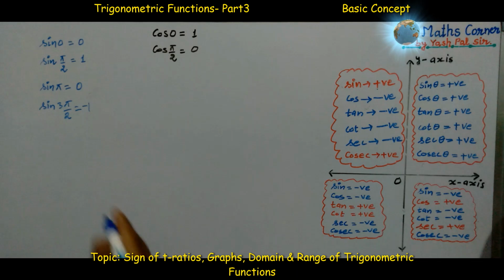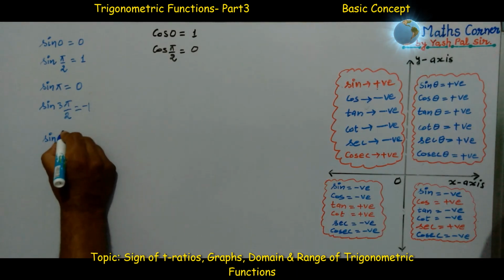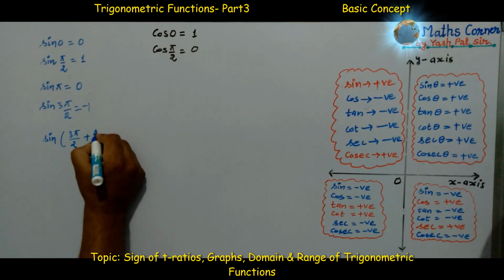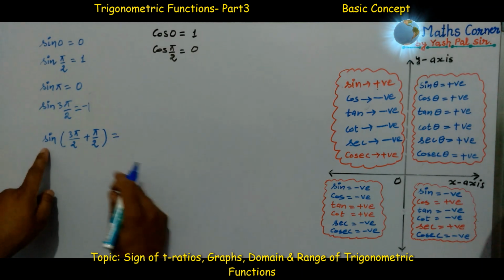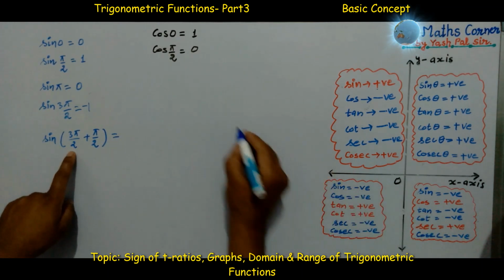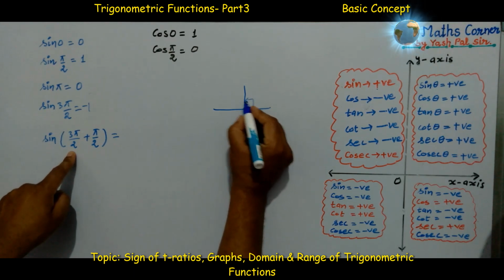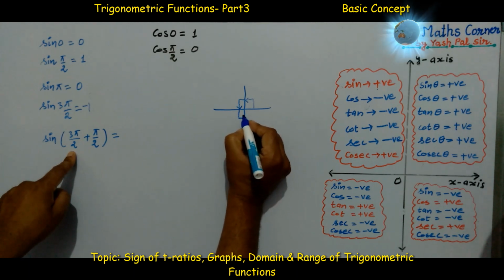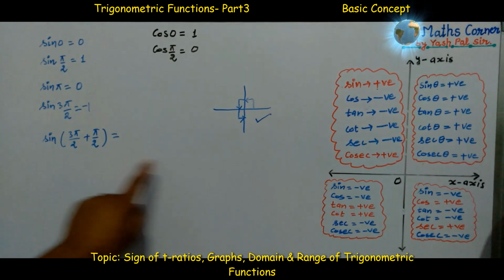Next, we write sine of this angle, 3 pi by 2 plus pi by 2. Sine of 3 pi by 2 plus something, this is the fourth quadrant.